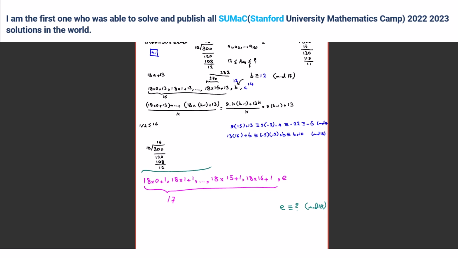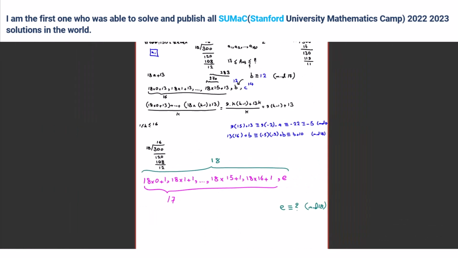Because here we have 18 elements, right? The mean should be integer, means some of them should be integer. So some of them should be multiple of 18, right? Okay, so try this part.